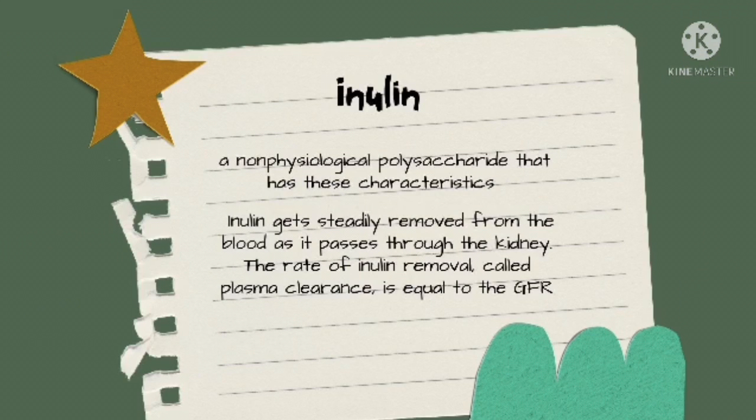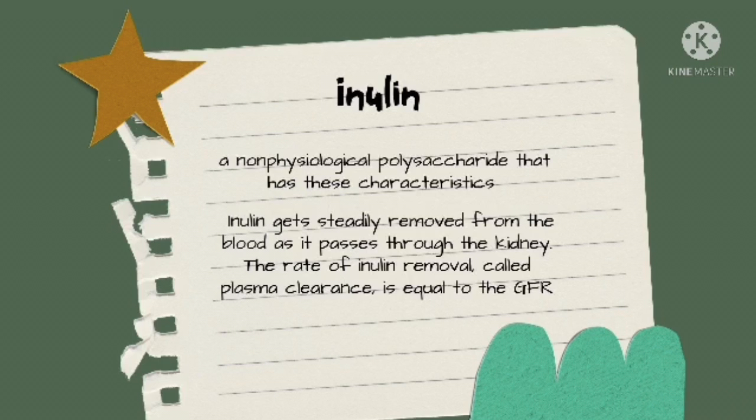Now we have here the inulin. So for you to not be confused, it is different from the hormone insulin. Inulin is a non-physiological polysaccharide that has the four characteristics that I have mentioned from the previous slide.